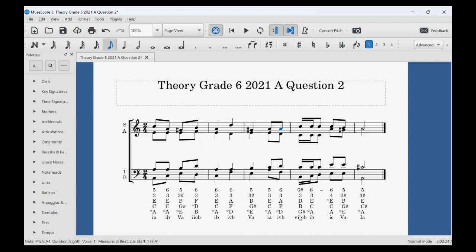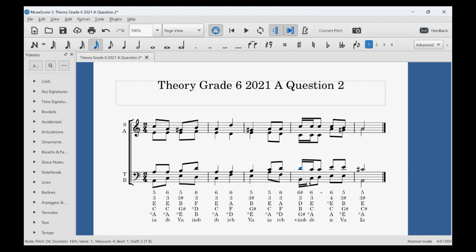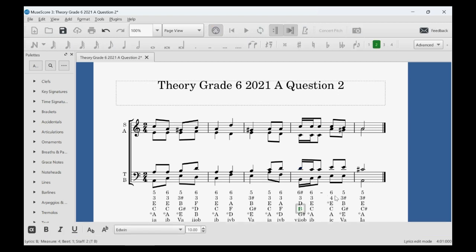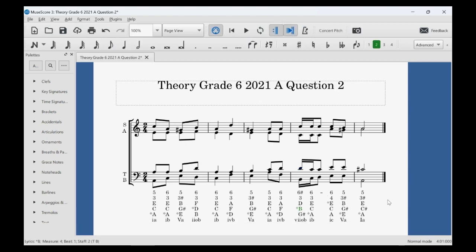Okay. And the next chord is a diminished 7, G sharp, B, D. B is given. We can have a D, G sharp, B, D. We double the third.